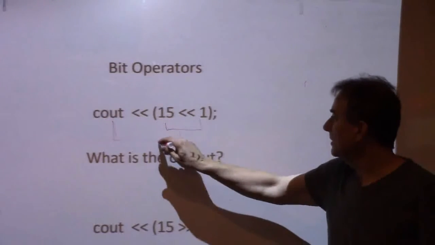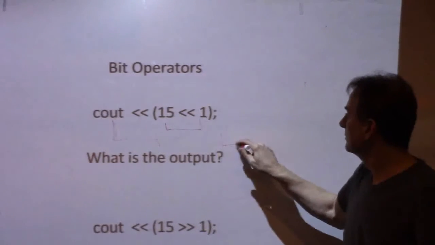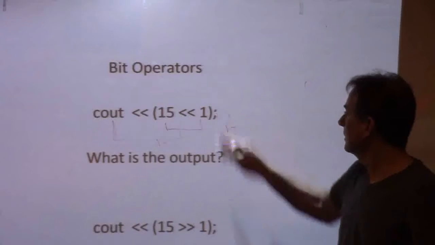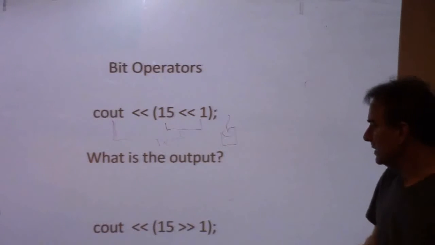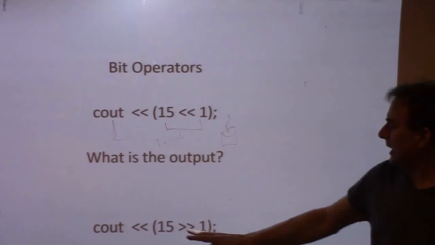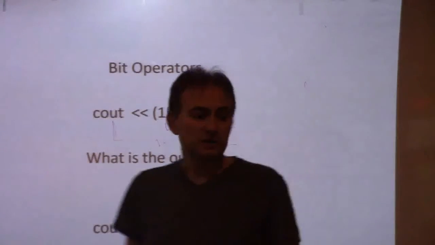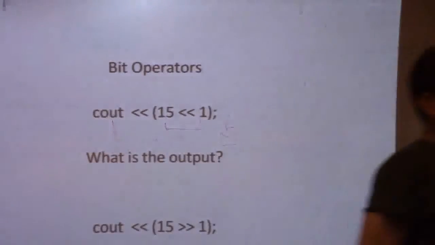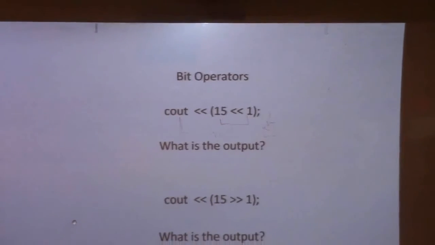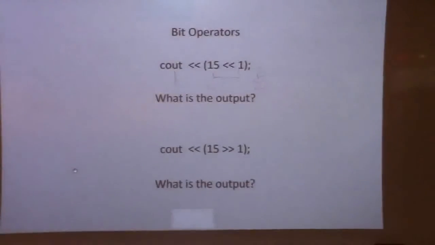It's going to return a value. What's going to happen to this value? Throw it here, right? That's the idea. What's going to happen when we output 15 right shifted by 1? 7, because the 1 is going to be gone. 8 goes to 4, 4 goes to 2, 2 goes to 1, 1 goes away, 7. What's going to come in from the left? An extra 0.